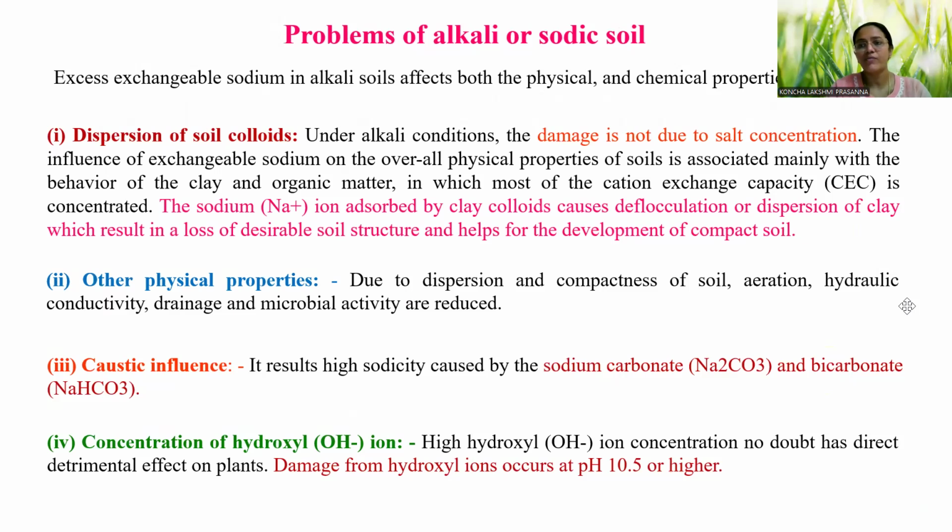And there is also the influence of the caustic effect. The caustic effect is due to the presence of a high amount of sodium carbonate and bicarbonate, and also the presence of hydroxyl ions. As these hydroxyl ions occur at a higher pH, there is very little availability of plant nutrients. That is why plant growth and plant yield are severely affected at a higher pH.